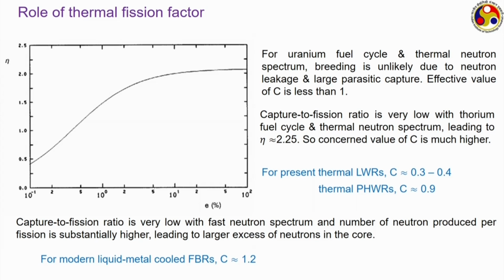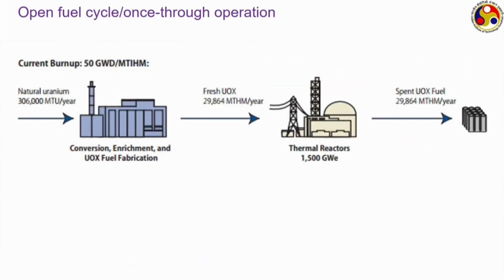So, we somehow have to enrich that fuel to increase the percentage of uranium 235 in the final mixture going to the reactor, and we also expect the burn up of the fuel to be very high, so that the amount of waste is smaller, and accordingly we can have different fuel cycles.